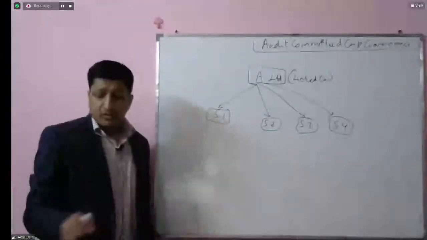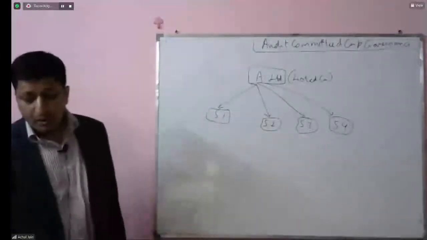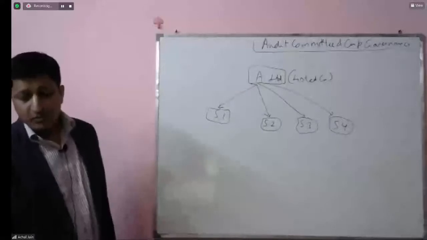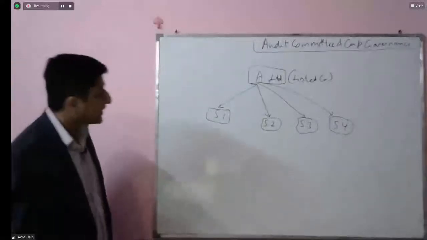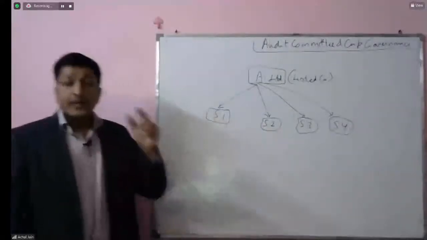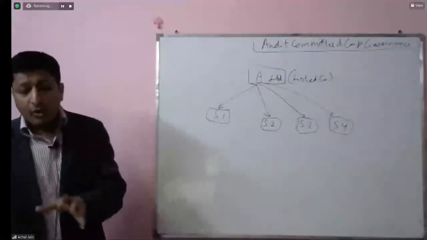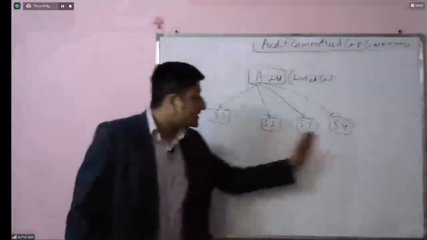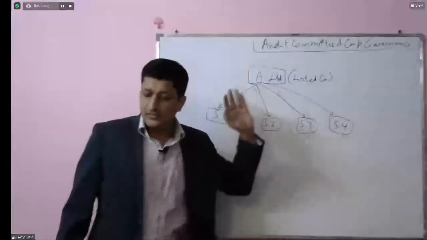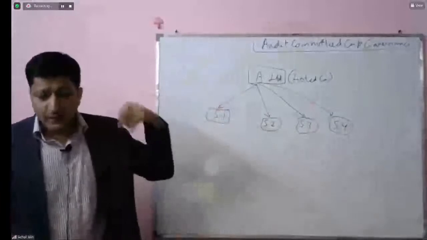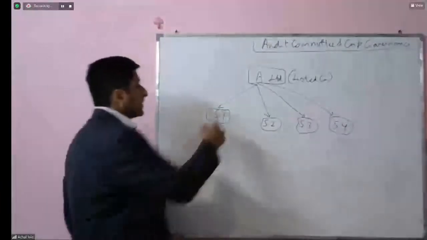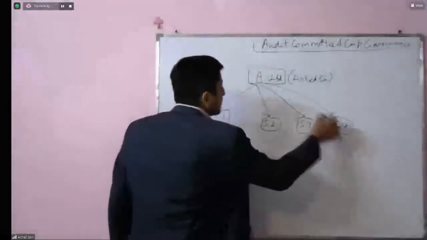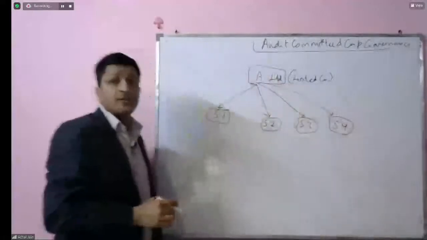We are discussing the provisions of limited review of the audit of all the entities whose accounts are required to be consolidated with the listed entity. Now, if you read this line, limited review of audit of all the entities. Which entities? All these entities, S1, S2, S3, S4, whose accounts are required to be consolidated with the listed company. So their accounts will be consolidated with this listed company. Why?